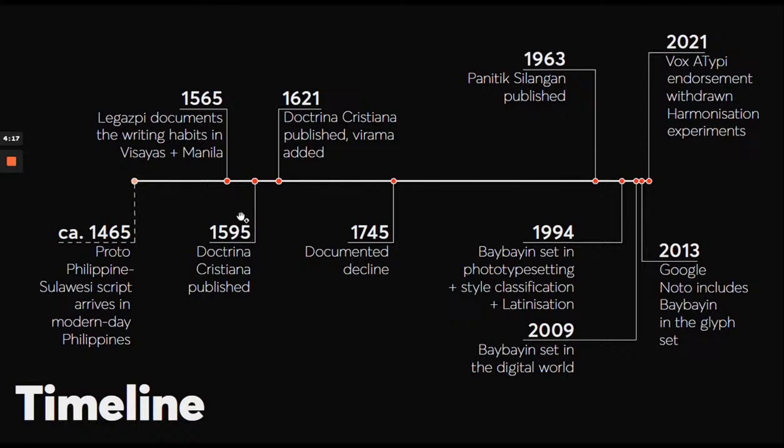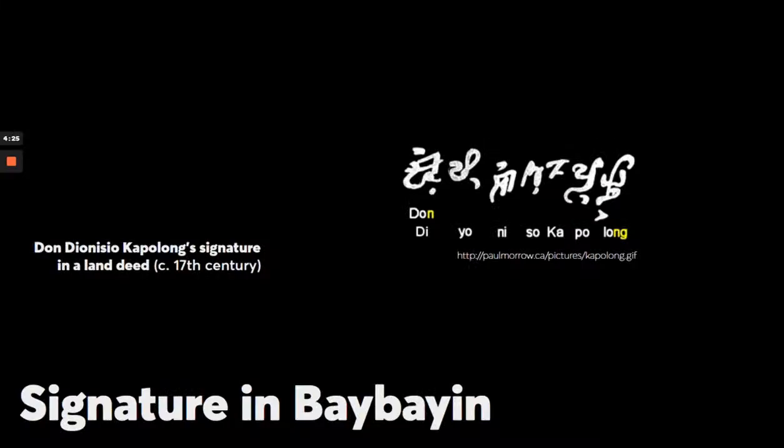Here, we have the timeline from 1465 to today. So let's start with the signature or handwriting in Baybayin. This was the time when the script was still widely used.